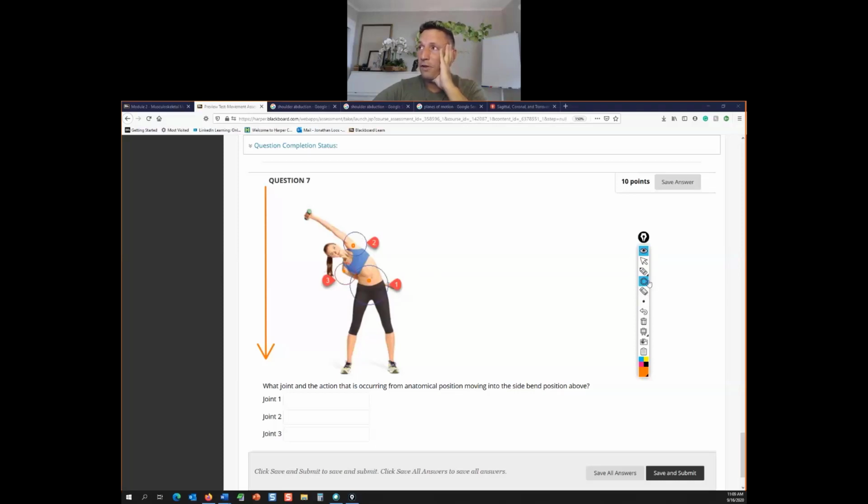What joints are involved here? We have the trunk and spine, and we have the shoulder, and we have the shoulder. So that's what we're looking at here. Gravity is still down. So I'm going to the side. This is lateral flexion.